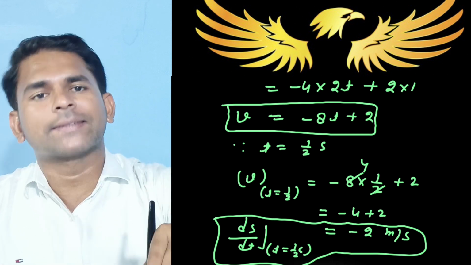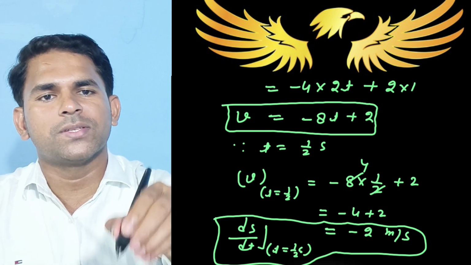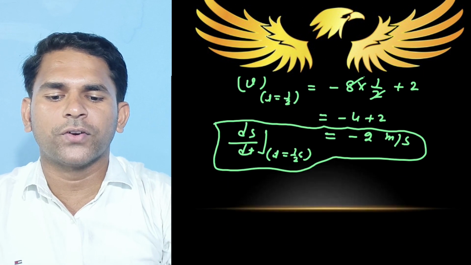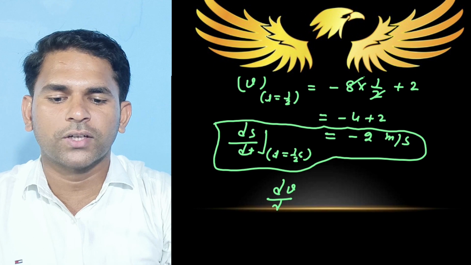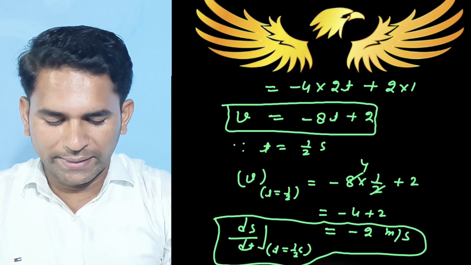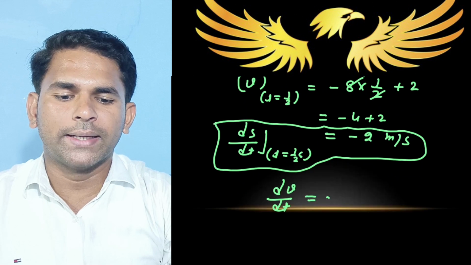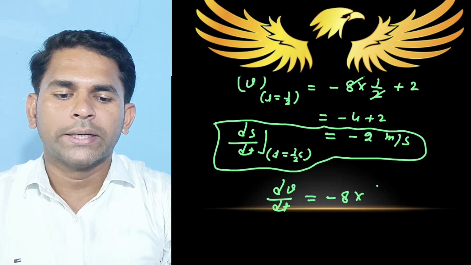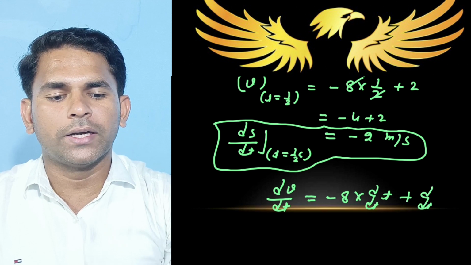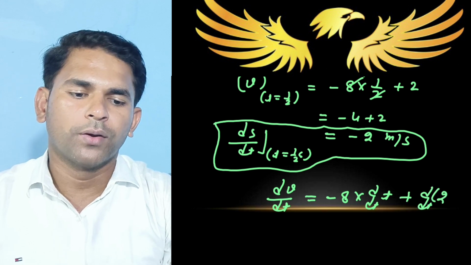Now they are asking for the acceleration at the same time, t equal to half second. Acceleration means you again differentiate the velocity: d over dt equals minus 8 into d over dt of t plus d over dt of the constant value 2. Why?